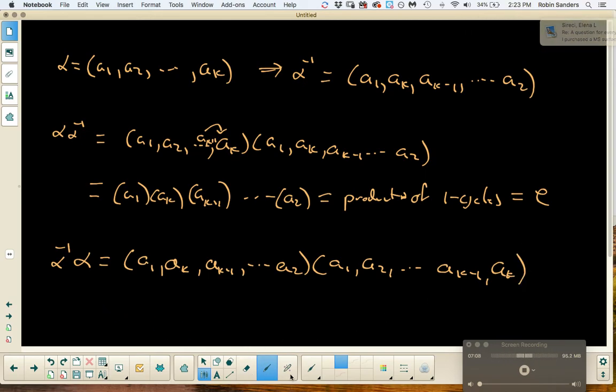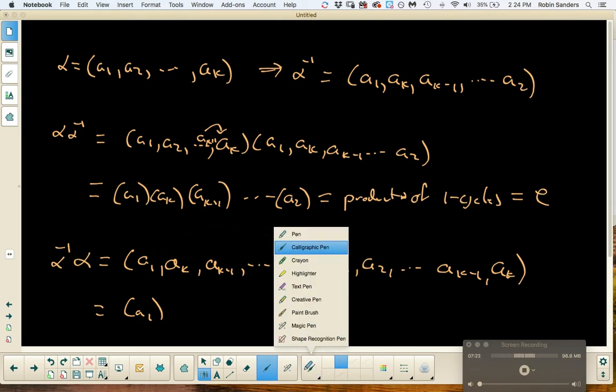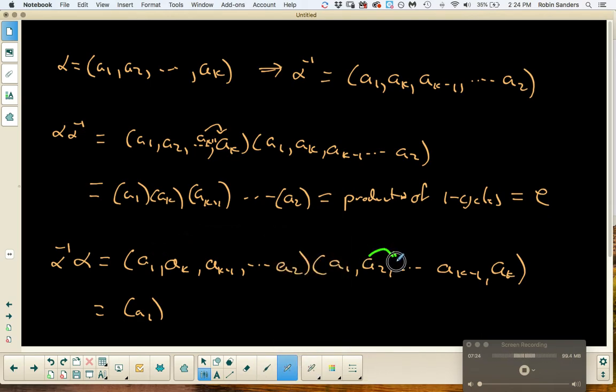And in the tracing here, we start with A1, who goes to A2, and A2 goes back to A1. So A1 is a single cycle. And when we look at A2, A2 is going to go to A3, but A3 is going to sit right here, and A3 is going to go back to A2. So A2 is going to be a single cycle.